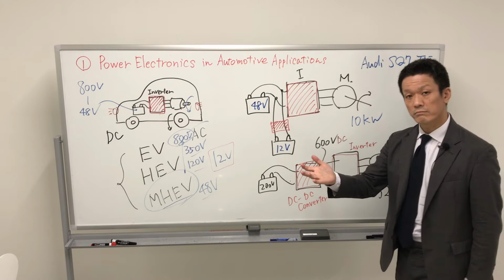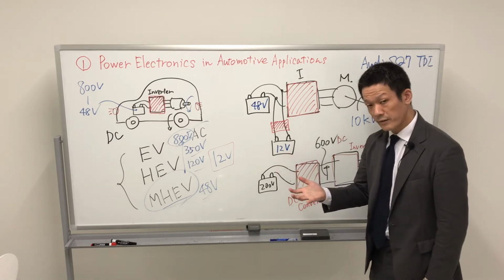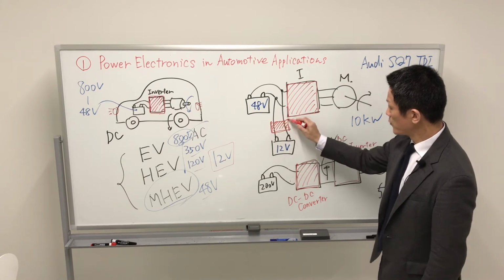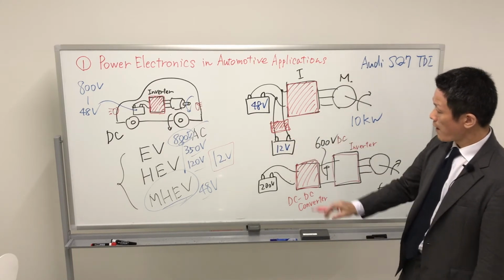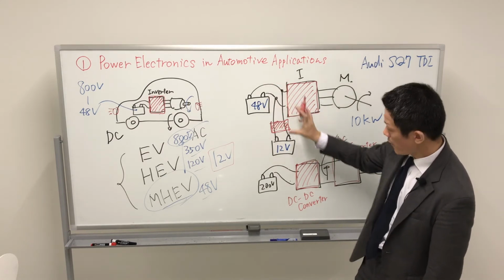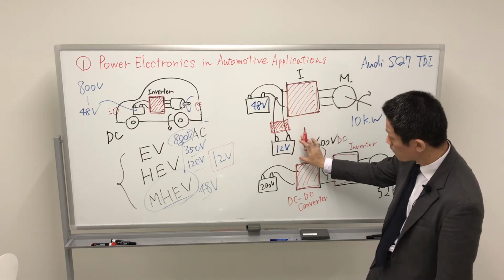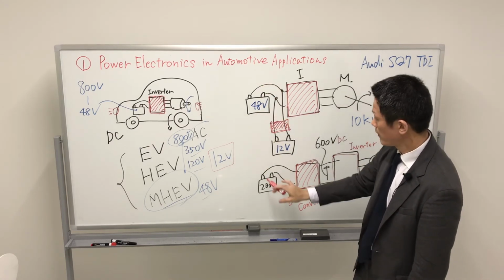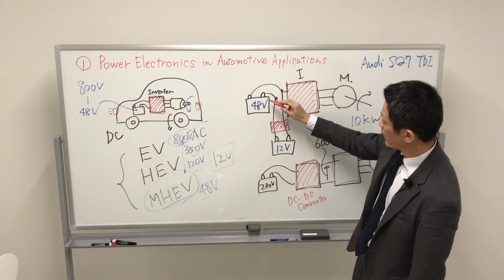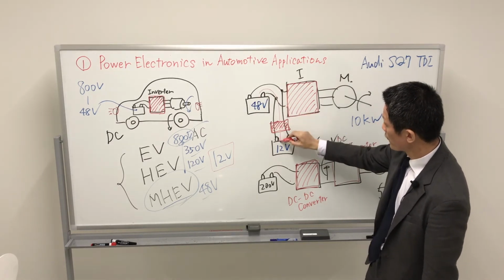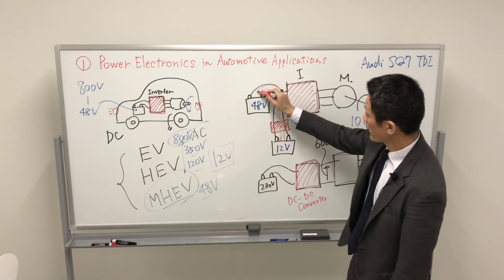In this lecture, our target is this boost DC to DC converter: how to change the lower voltage to a higher voltage. Power is sometimes flowing through like this, sometimes flowing through like this.